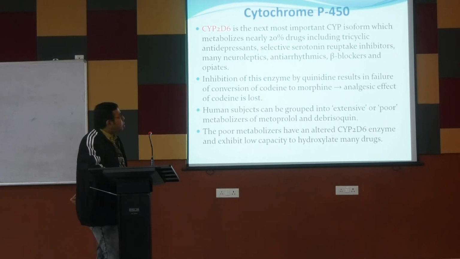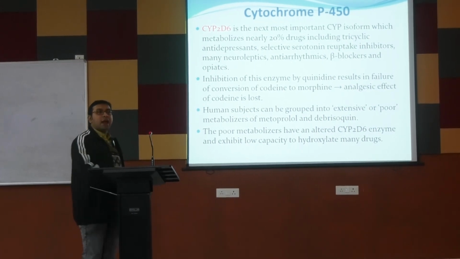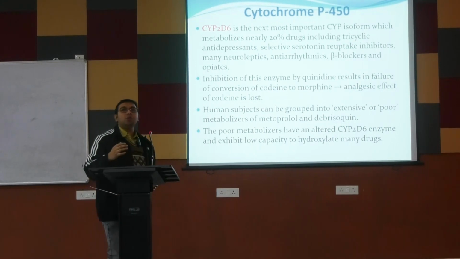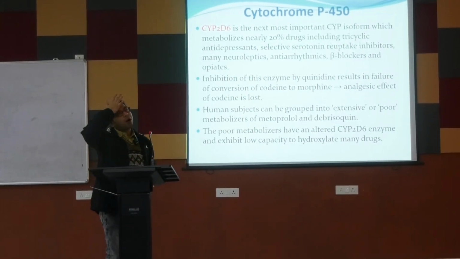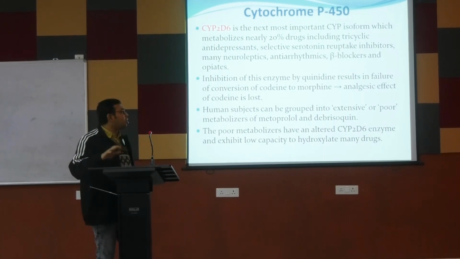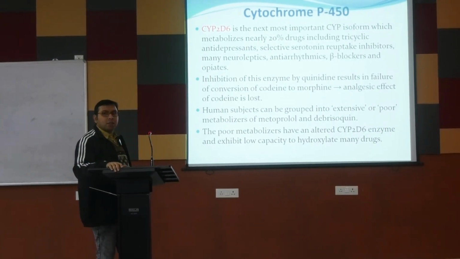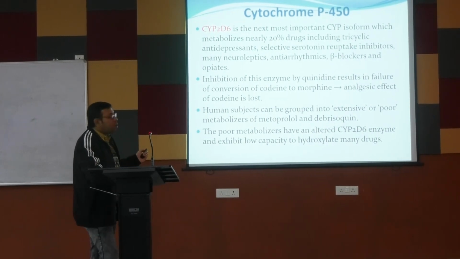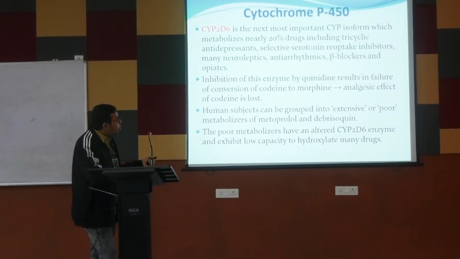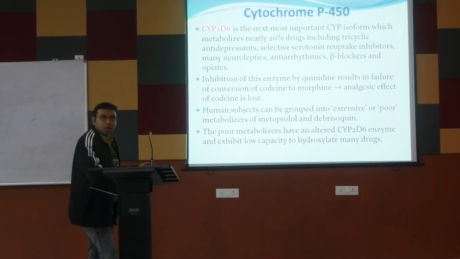Many neuroleptics, antiarrhythmics that are used in cardiac arrhythmia. Beta blockers, you read about the beta blockers that are used in various diseases, and opiates. So this cytochrome P450 2D6 is responsible for the metabolism of these drugs.